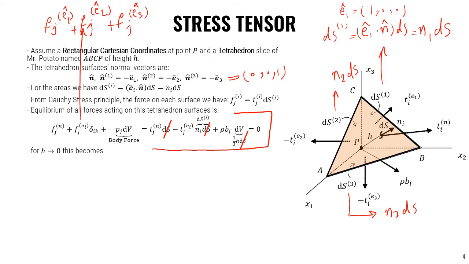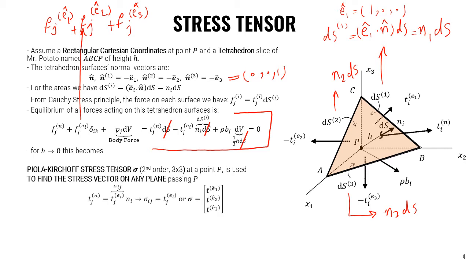Assuming that this tetrahedron is very small, so h, the height, is approaching 0, we find the stress tensor sigma, which is a second order tensor, basically a 3 by 3 matrix at point P. This is how the equation above simplifies to.